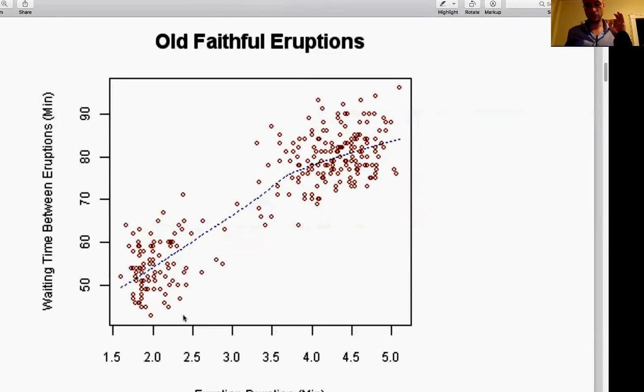But it does not tell us how strong it is because it depends on the units involved. So the covariance measure by itself requires knowledge outside of the statistic. Here we know the units, but look how they're different. We have eruption duration in minutes. We have waiting time in between eruptions in minutes. If we just had the covariance, we wouldn't know that necessarily. We can't make the assumption that we know aspects about the data unless those data are given.